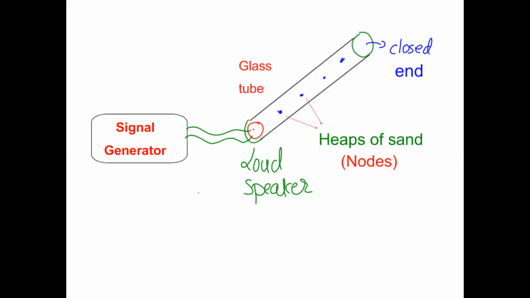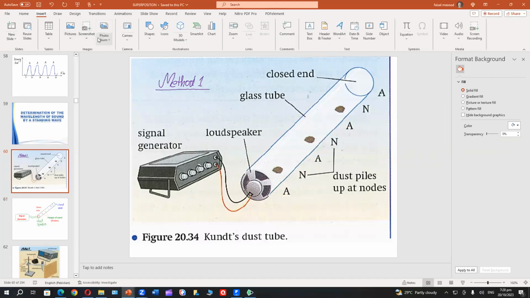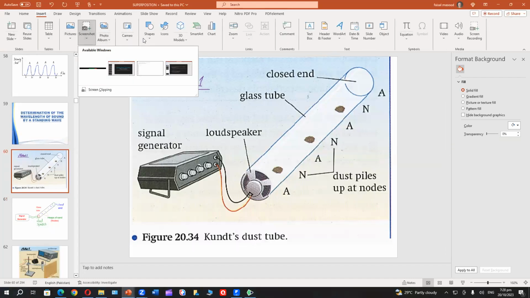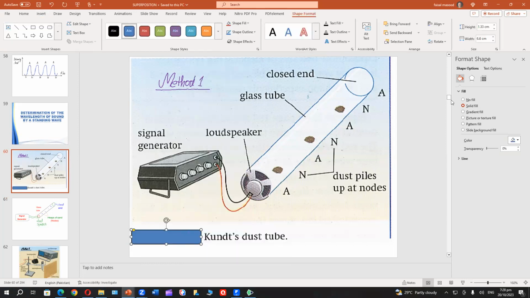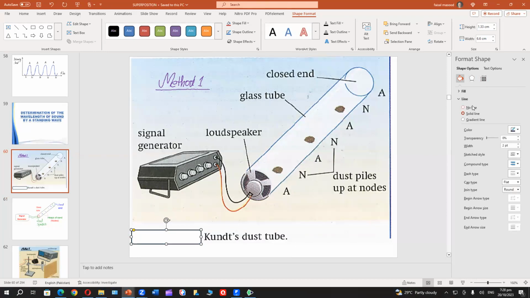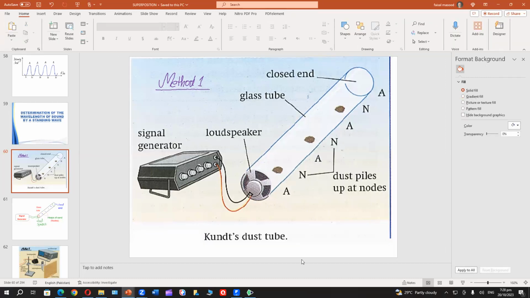Write under it that a signal generator is used to generate sound waves of known frequency.